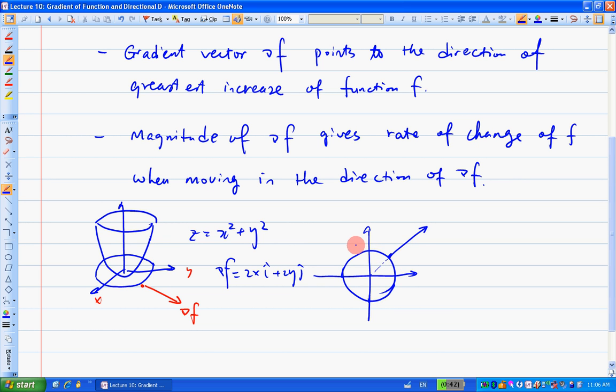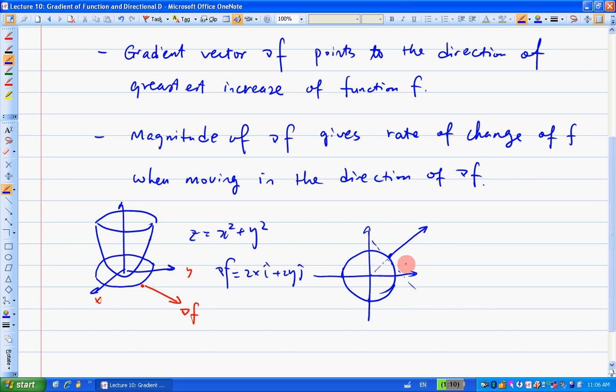If I draw a radius line from the circle outwards, which is basically the direction of the gradient vector, and if I draw a tangent line over here, this gradient vector, or radius line, must be perpendicular to the tangent line.